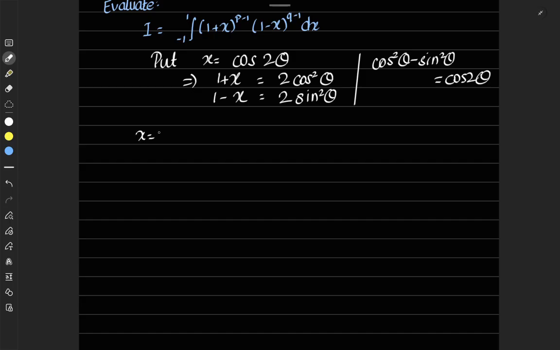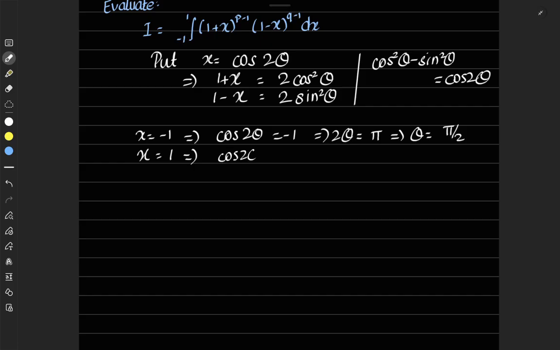When x is minus 1, then cos 2 theta is minus 1, that is 2 theta is pi. So this will imply theta is pi by 2. And when x is 1, cos 2 theta is 1, so 2 theta is 0, so theta is 0.